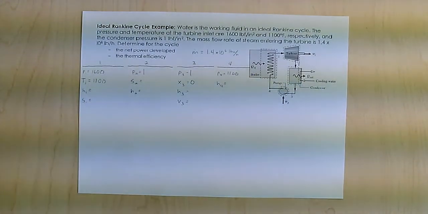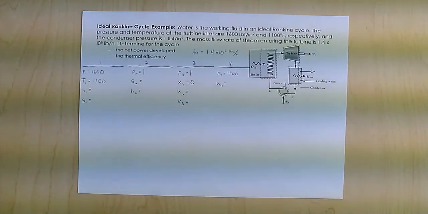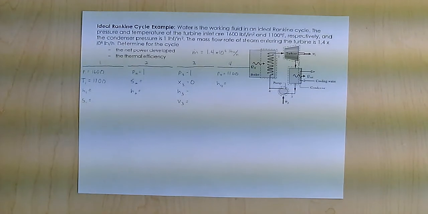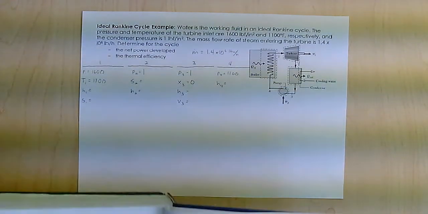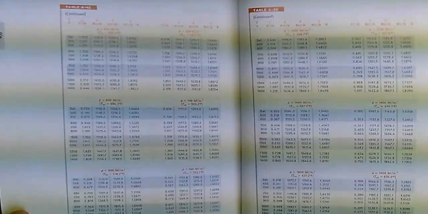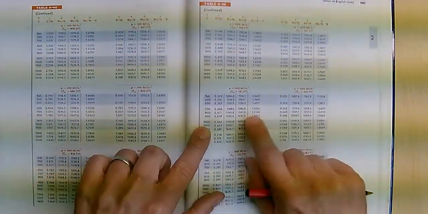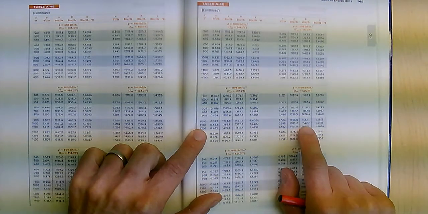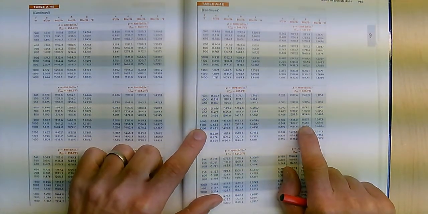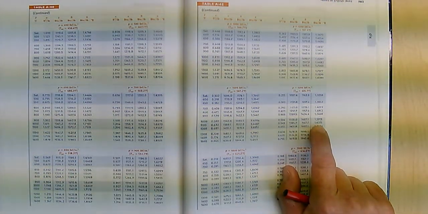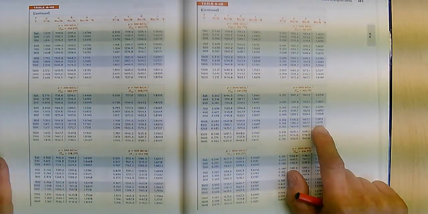We'll start at state 1, and I'll look up state 1 and state 3 since I can look those up directly. So I'll start with 1100 degrees, 1600 psi. I'm right here, 1600 psi, 1100 degrees. I have an H value of 1547 and an S value of 1.6315.